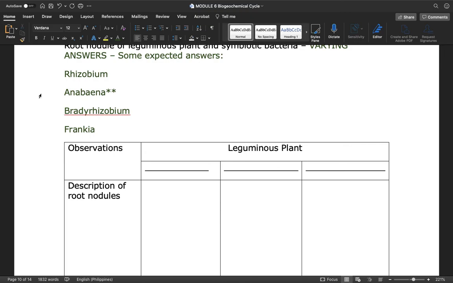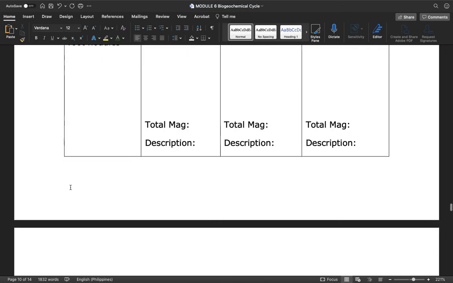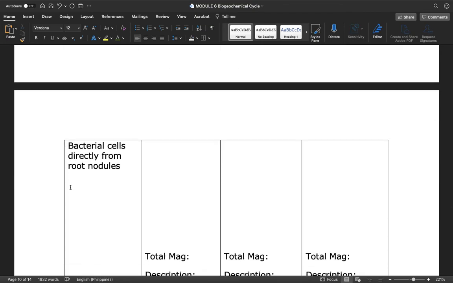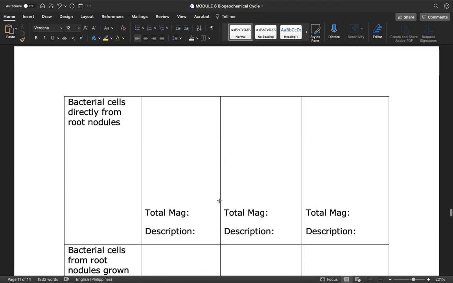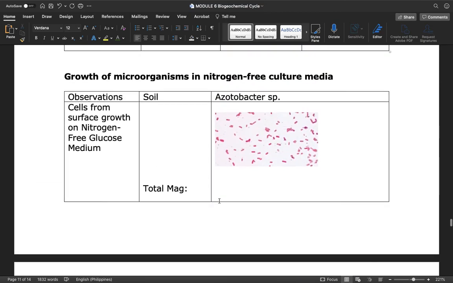And then we also have Bradyrhizobium and then Frankia. Frankia, if I'm not mistaken, mayroon din yata siyang certain species that do not require nodule formation. Okay, so varied ang answer nyo dito. Hindi ako magpo-provide ng any additional information, but you just provide as asked, and then I'll just check on the plausibility of your answers.